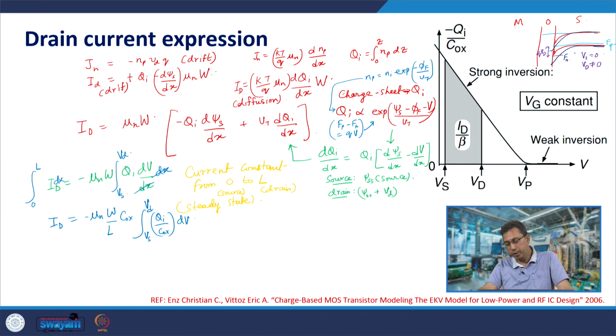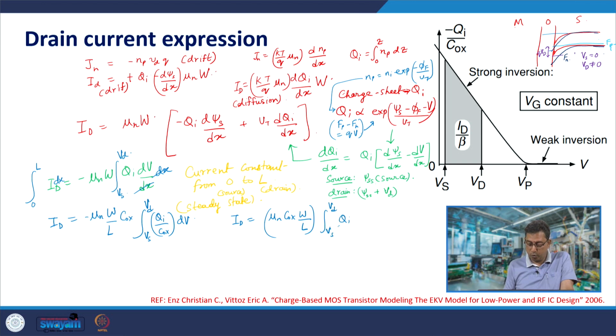That is how we have been doing till now, but to generalize let us take it to be some source voltage Vs. So, we can write this as mu n Cox W by L, integral Vs to Vd of Qi by Cox dV. This is called beta. This beta is called the transfer parameter of the MOSFET.